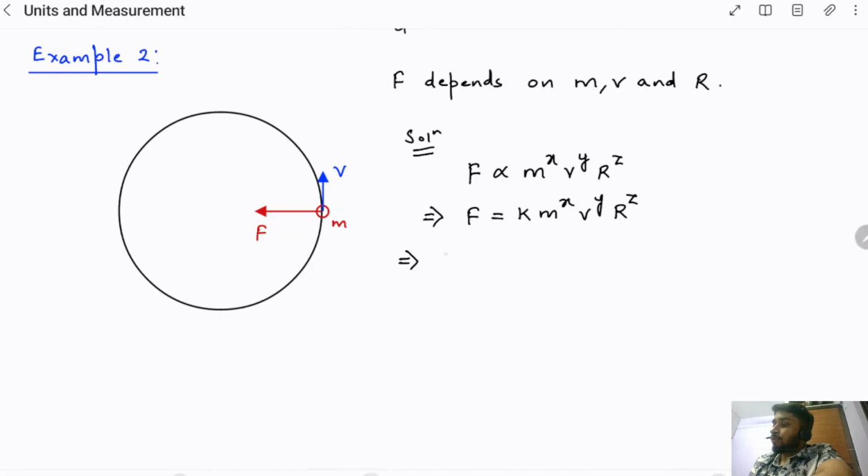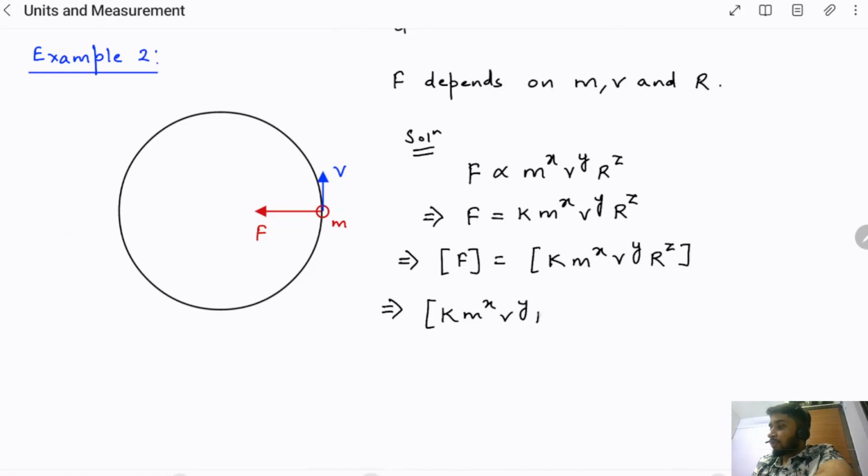So the dimension of force should be the same as the dimension of k into m to the power x, v to the power y and r to the power z. It is better to write the RHS and LHS first.